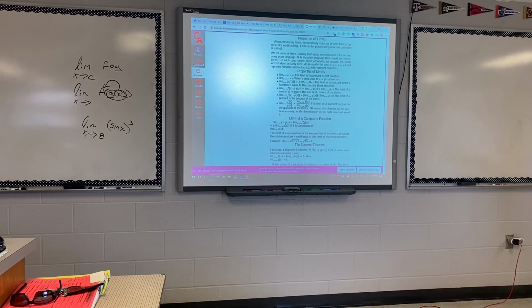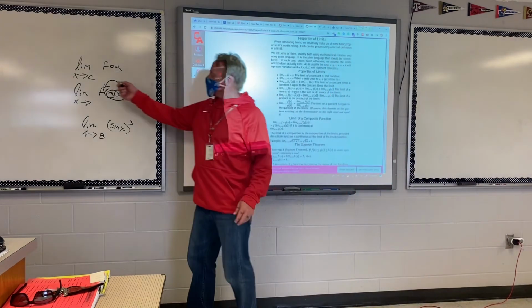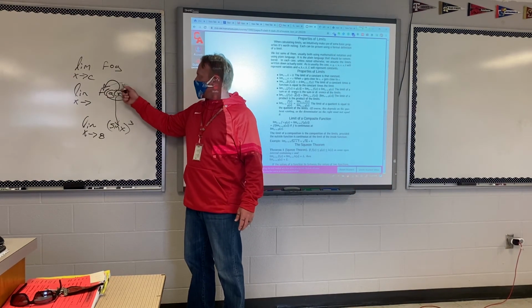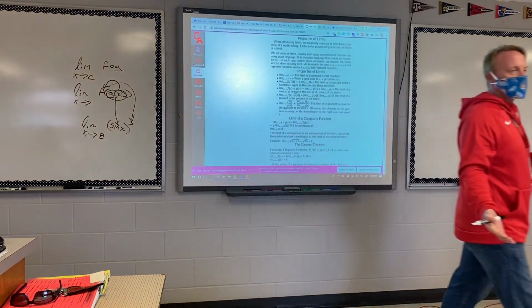Or what's the outside function? The cube is the outside function, so that means the inside function has to be sine of x. If you match it up with this, then g of x is sine of x, and f is the cube. So I have something inside of something else.